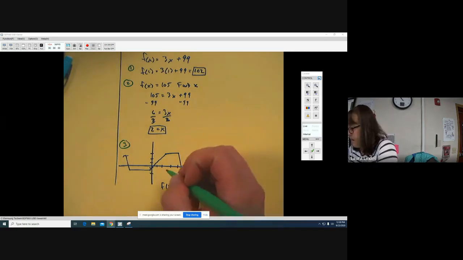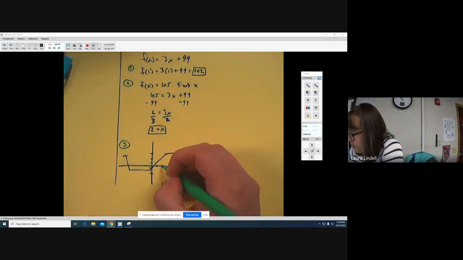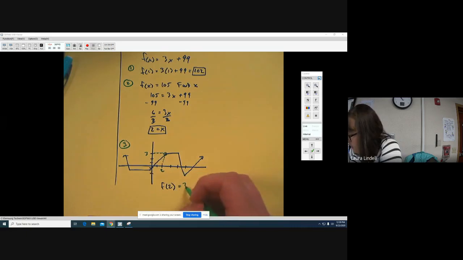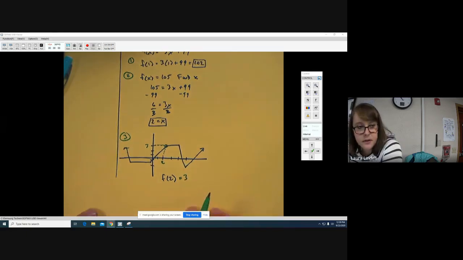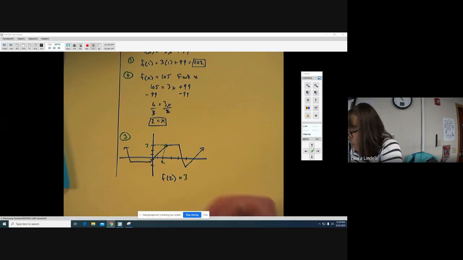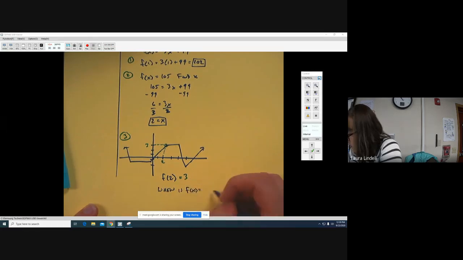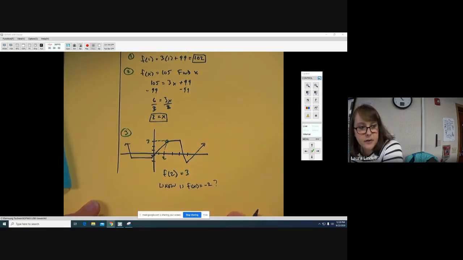And if there's not a nice graph associated with it, then it'll have a function equation written out for you. But at any rate, f of 2, we would just go, okay, over to 2 on the x-axis. And notice that f of 2 is 3. And then vice versa, if we want to say when is f of x equal to -2, we would want to find the x value associated with that.